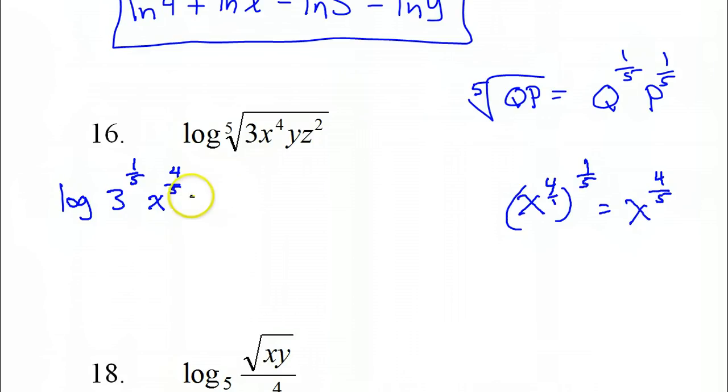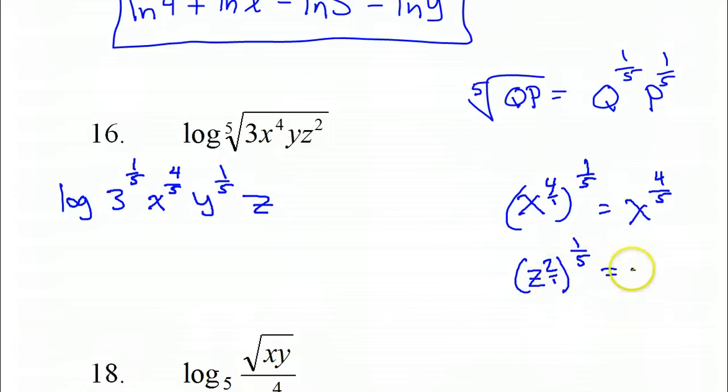Now here comes z. Now here again I've got z squared, and I'm about to do it to the 1/5 power. But again, this is like 2 over 1, so that makes z to the 2/5 power. So that's why I'm going to have z to the 2/5 power. Okay, so I've got all 4 of these things. So it's all multiplication.